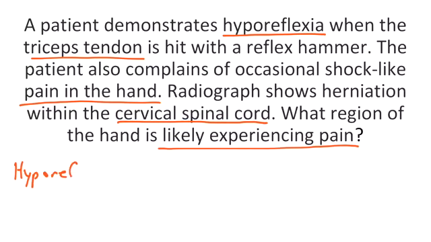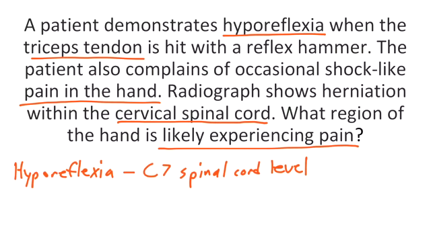So this patient has hyporeflexia at the C7 spinal cord level, which is the level responsible for the triceps reflex. Now, the hand pain is described as a paresthesia, that occasional shock-like pain. We also know that the patient has a cervical disc herniation, making us think that the paresthesia is likely caused by a radiculopathy.